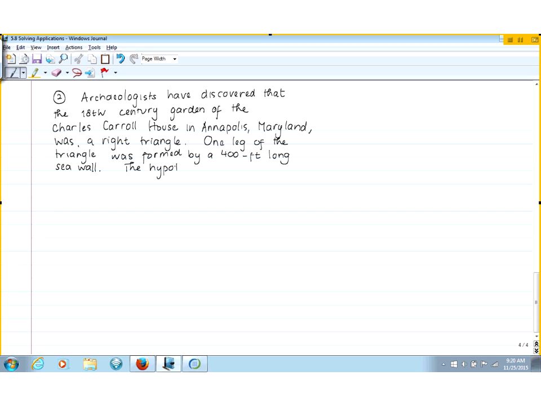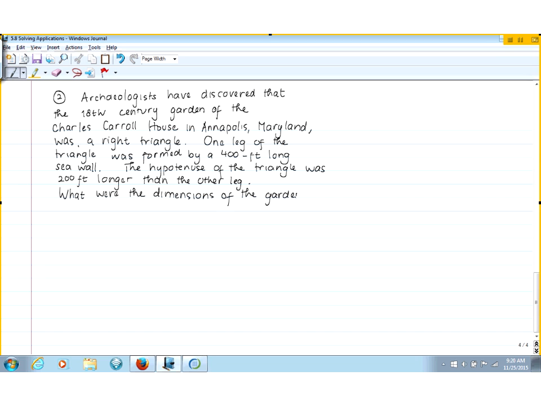The hypotenuse of the triangle was 200 feet longer than the other. What were the dimensions of the garden?